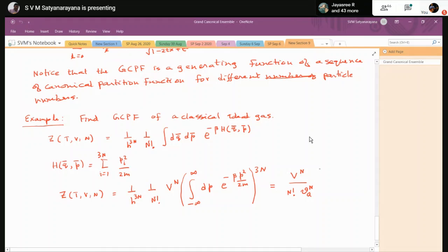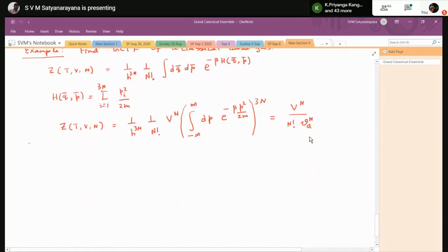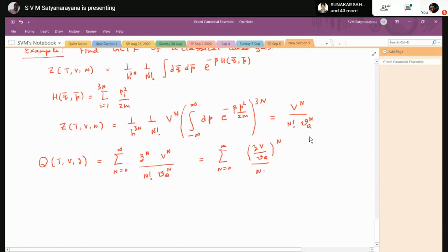So now you have this partition function. Now to write down the grand partition function, it will be a function of T, V, and the fugacity z. Instead of mu, I am writing this z. That is equal to the sum over N equal to 0 to infinity of z to the power N, and I have to write down V to the power N divided by factorial N into VQ to the power N. So I can write this as the sum over N equal to 0 to infinity of (zV by VQ) raised to the power N divided by N factorial.